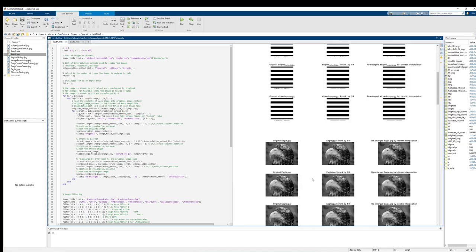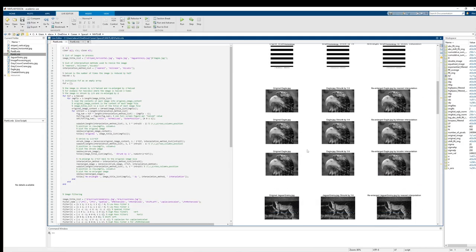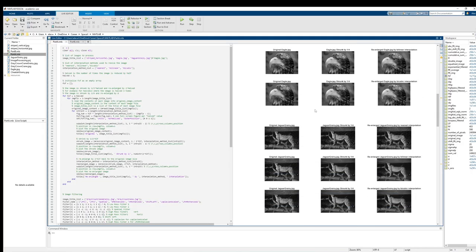So depending on what you're doing, if you're trying to stream video or if it's just an image, you really have to look at how much processing power you can afford, depending on what your goal is. But if we just look at this with our human eyes, we can clearly see the bicubic interpolation is just miles ahead of the nearest, significantly better.